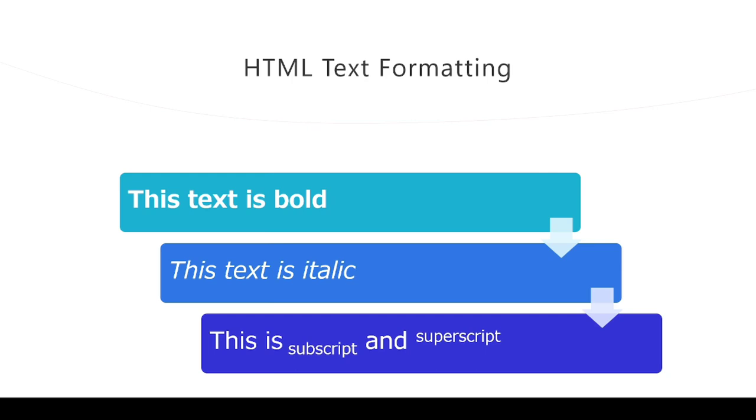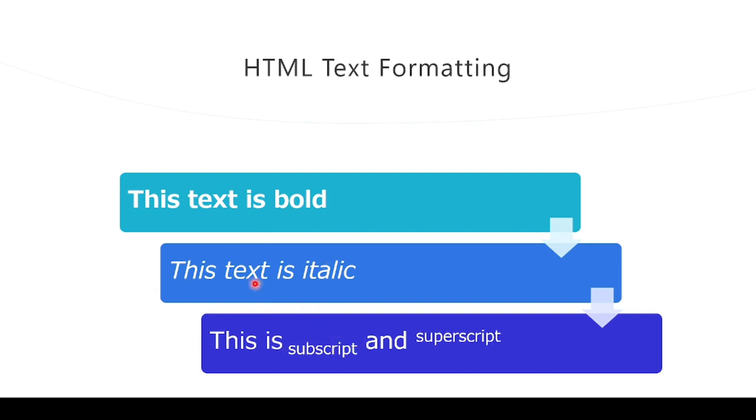First of all, I want to introduce what text formatting is. Here you see this text is bold. We can bold text in our Word, Excel, or PowerPoint with the help of text formatting provided by MS Office, and we can also italicize.